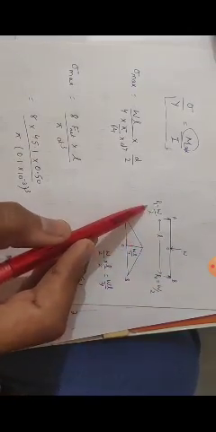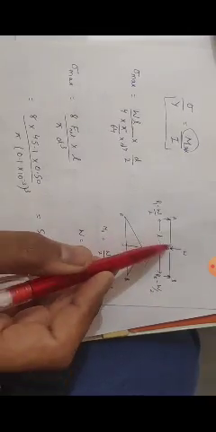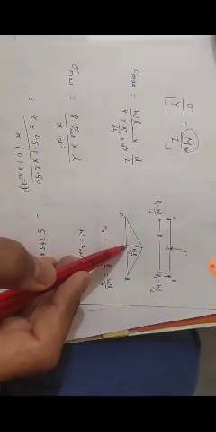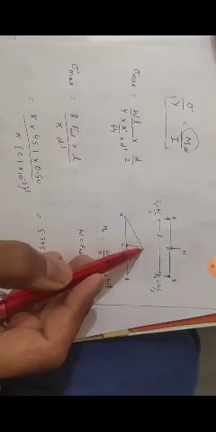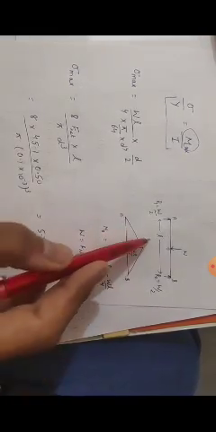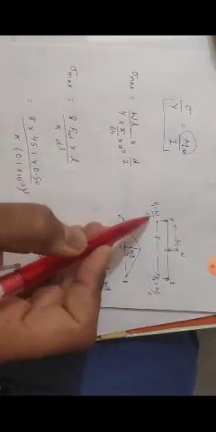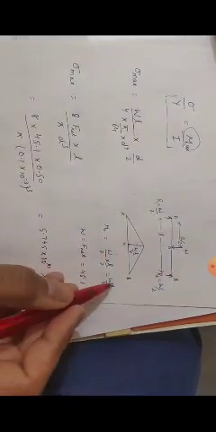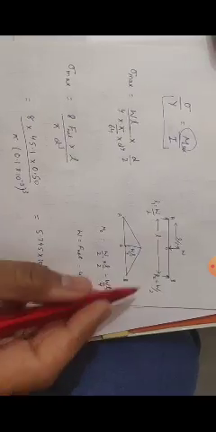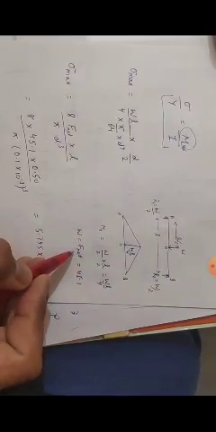The maximum reaction will be W by 2, and the maximum bending moment at the center will be W by 2 into L by 2, since this length is L by 2. So it is WL by 4, where W in our case is the net force on the shaft. We have calculated this as 45.1 Newton.